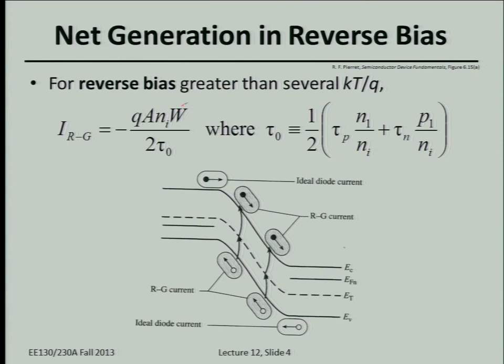But the key to note is that qualitatively it makes sense. The wider the depletion region, the more volume in which you're going to sweep an electron to the right and a hole to the left to generate current. If you have electron-hole pair generation out here, what happens?